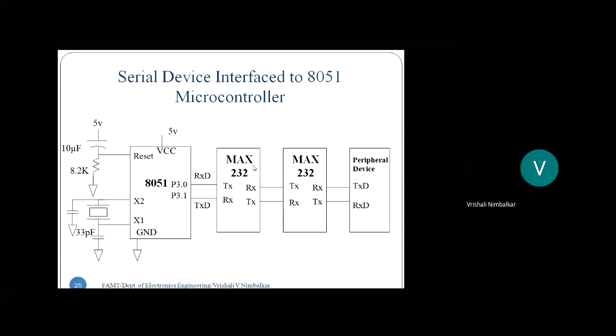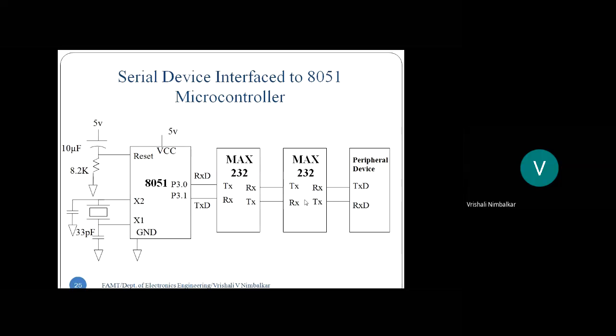What does this level translator do? 0 volt and 5 volt from the microcontroller, it converts into plus minus 15, plus minus 12, plus minus 10, and then transmits it. At the receiver side, another level translator will convert plus minus 15 back into 5 volt and 0 volt, or plus minus 12 back into 0 volt, 5 volt. So it does both-way conversions.